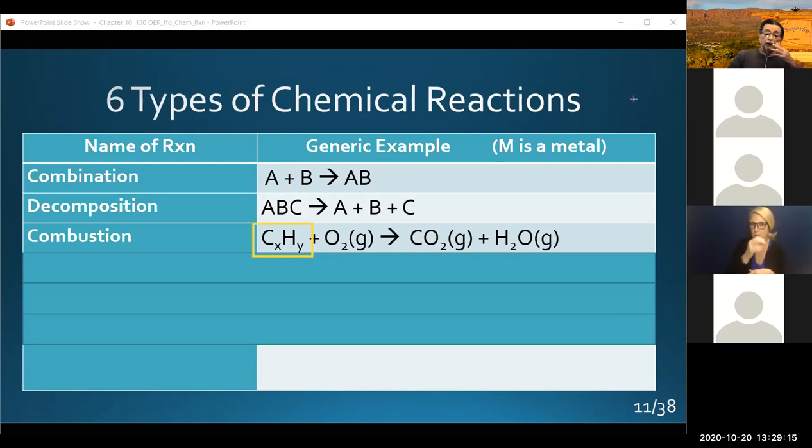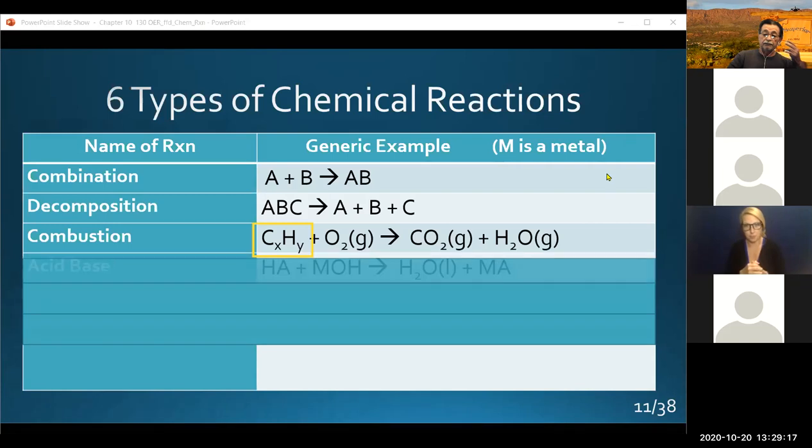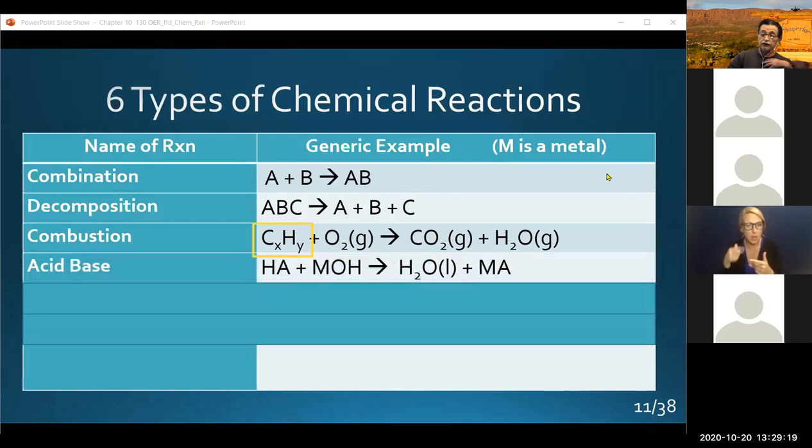All right. And then the other type is an acid-base reaction. We talked at length about acids and bases, where a proton, generally written with H first, followed by A, whatever A may be, could be nitric acid, could be the chloride, could be any covalent compound, but it's an acid that produces a proton, reacting with a metal hydroxide.